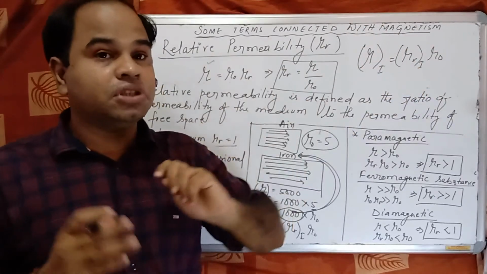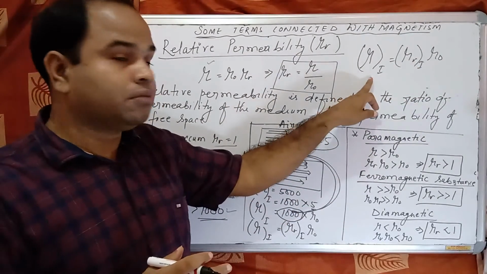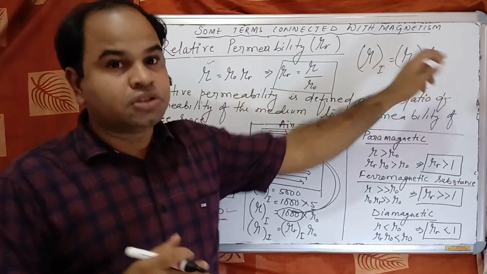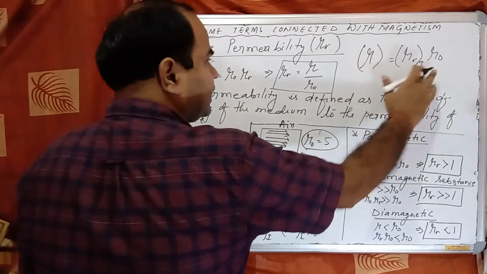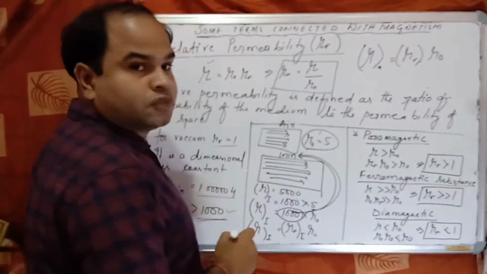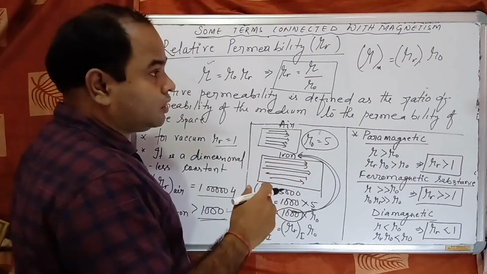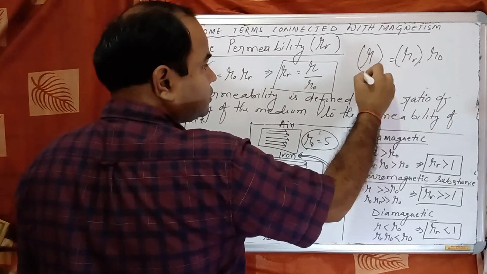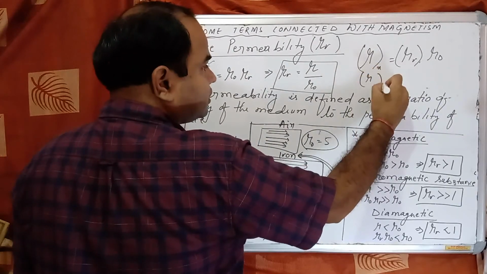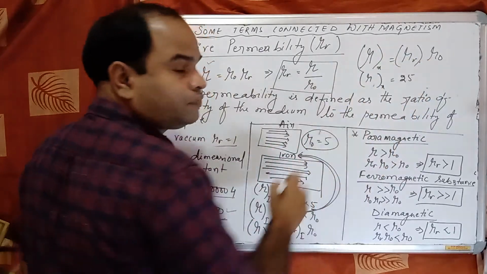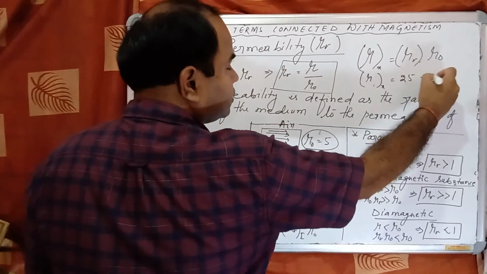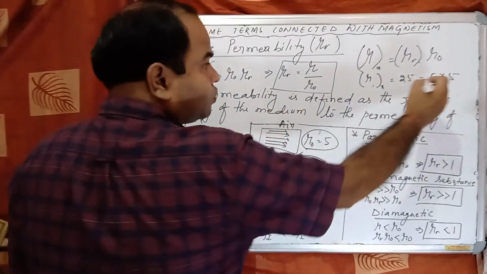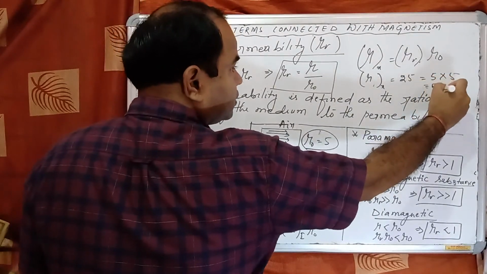If we take a medium, let us say X medium, which allows 25 field lines, so mu of X is 25, meaning 5 into mu naught.